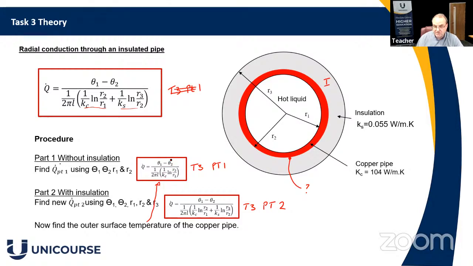You can find theta 2 given that you would have a lower value of Q with the insulation. You will find the temperature is going to be very, very high. It's going to be very close because it's copper. It's got a very high conductivity. The temperature there will be pretty close to the temperature at the inner surface, so it's going to be fairly close to that temperature.